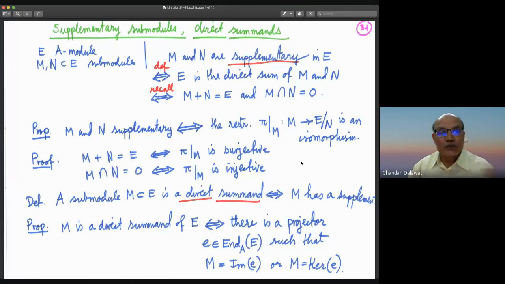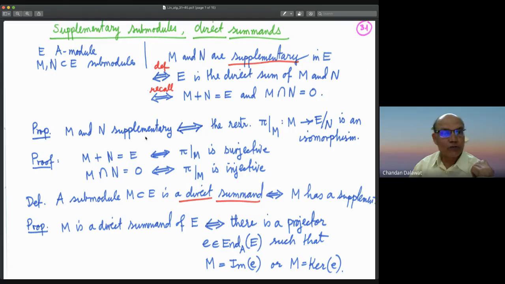So this introduces the concept of supplementary submodules and direct summands. When you have two submodules M and N in a module E, they're going to be called supplementary if E is the direct sum of M and N. As we have seen, this is the same as saying that M plus N is equal to E and M intersection N is 0.